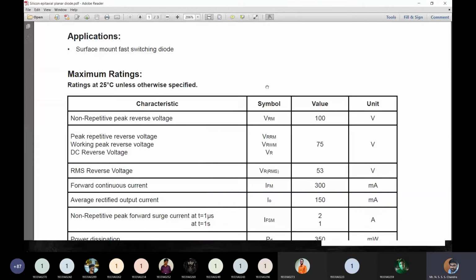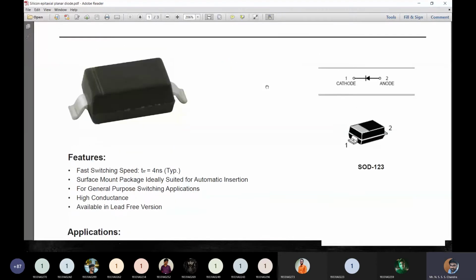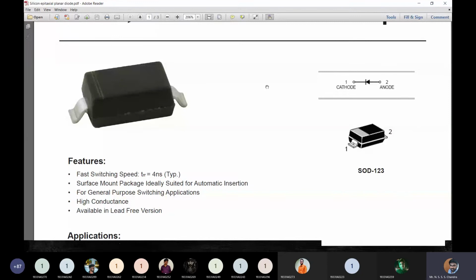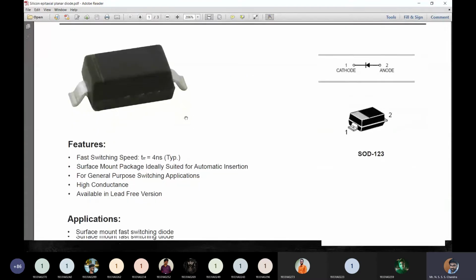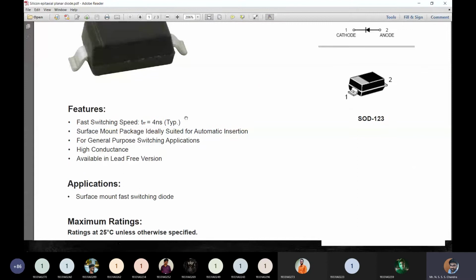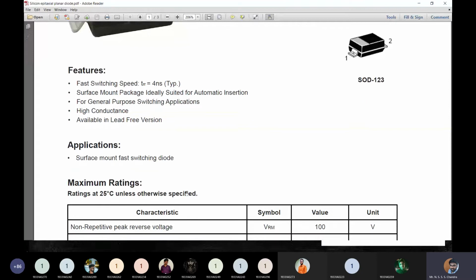So here in this you can see some data. The manufacturer here is Multicomp Pro, and this is the type of the diode. The diode numbers are given; it's not your normal 1N4007 diode, it's a different diode.